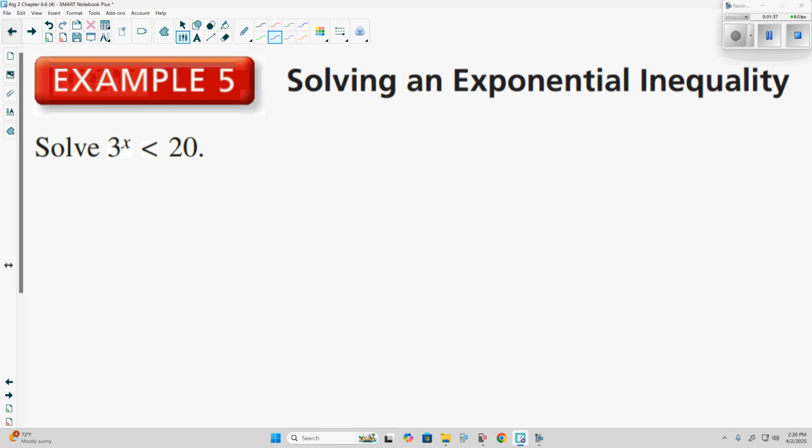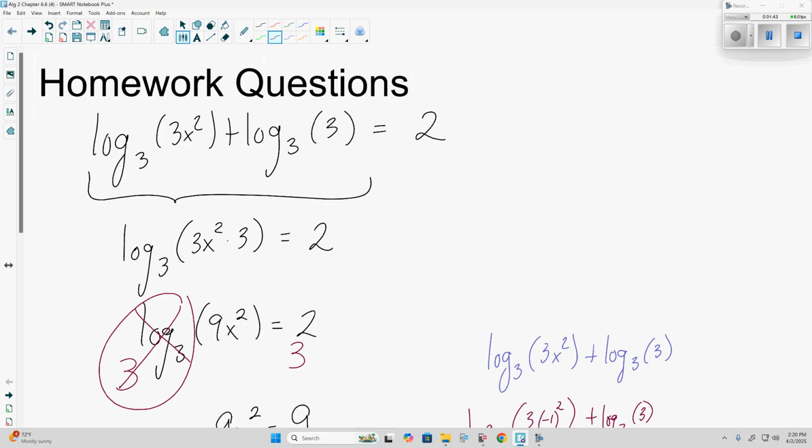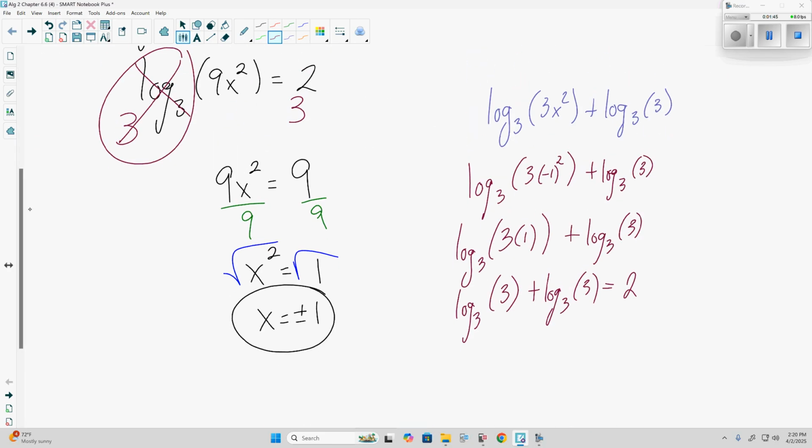But on the one we did for the homework here, when we plug negative 1 back in, we squared it, it became positive. Because what we're wanting to make sure is the numbers in those two spots are not 0 or negatives. Because if they are, then it's a restriction, it's an extraneous solution, we throw it out.